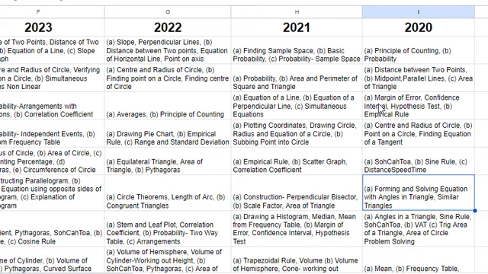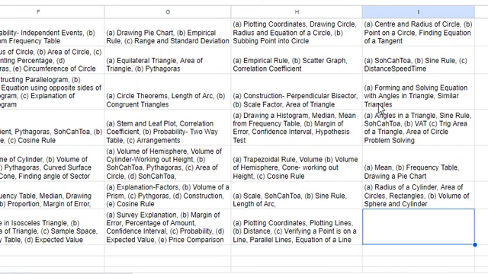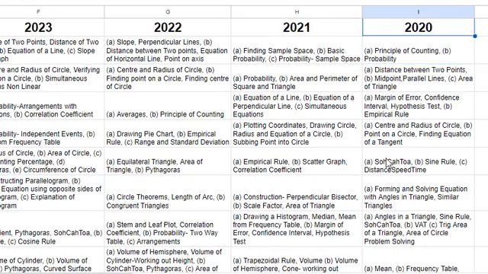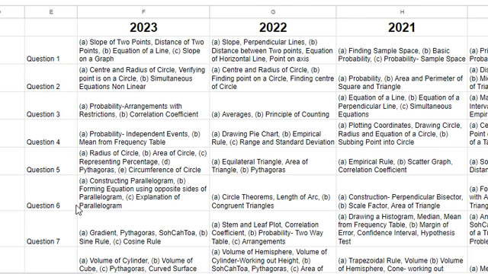And then in 2020, I can't quite see it there at the moment, but you'll see definitely the last 3 years it's come up anyway, 2023 back to 2021. So it's quite an easy question if it does come up, so it's worth learning how to do it.